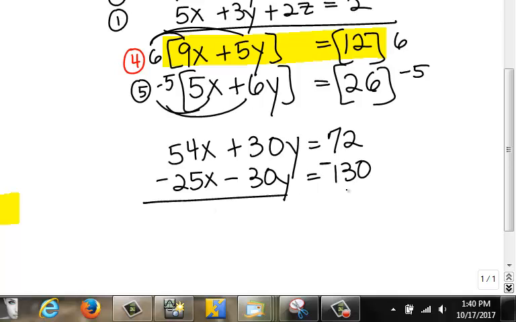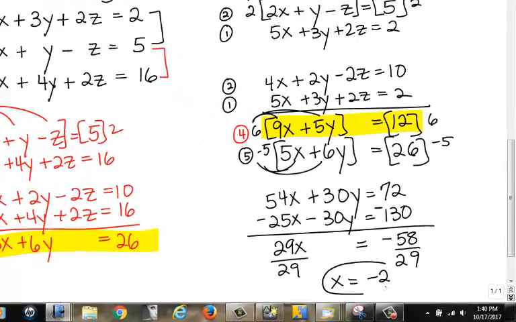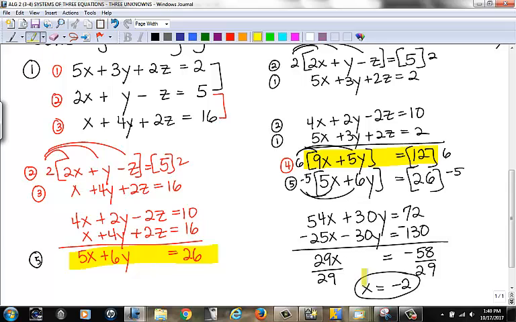Now if you add those together, the y's will drop out, and you end up with 29x equals a negative 58. Divide by 29 on both sides, and x equals negative 2. Once you get an answer, highlight it, circle it, double underline it, something.